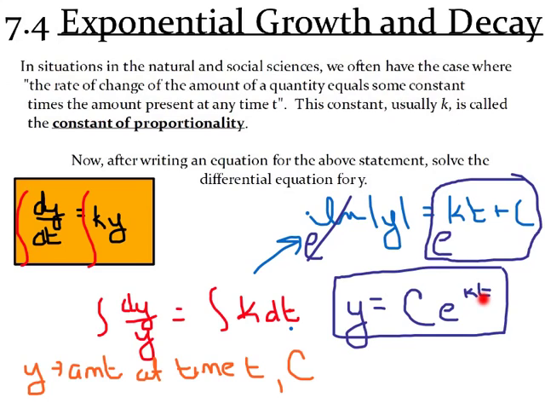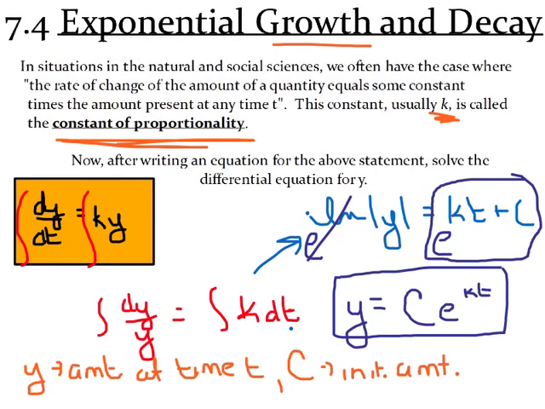So at time 0, or your initial time, y equals c. So c is your initial amount. And then k is your constant of proportionality. If k is positive, you're going to have an exponential growth function. If k is negative, you're going to have an exponential decay function.